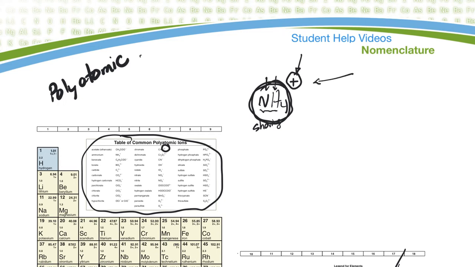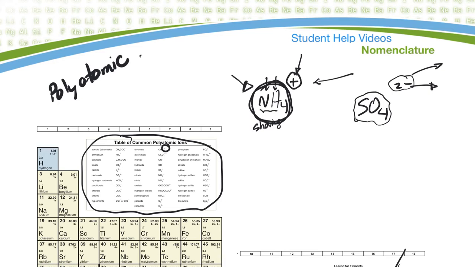Or in the case of something like sulfate, these atoms are sharing electrons, but there's two extra electrons somewhere, and they want to give those away to somebody else. Now, the polyatomic ions, most of them are negative. There's only one, I think, that we have that has a positive charge.